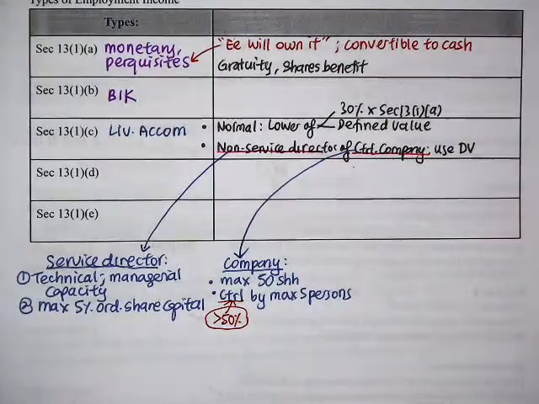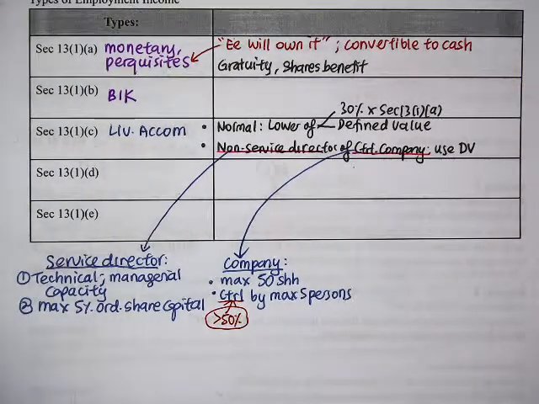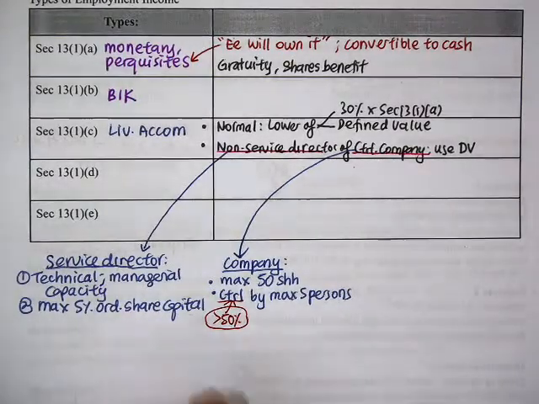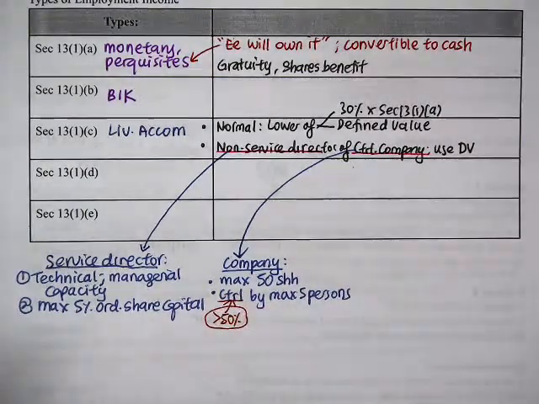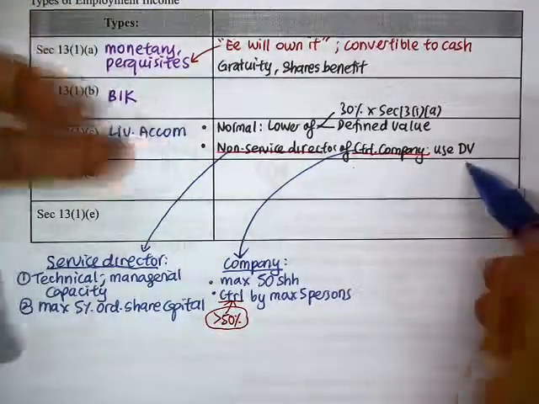So if more than 50% of the shares are owned by not more than 5 shareholders, then no issue. For example, if a company has 10 shareholders with equal shares, each of them gets 10%. To control the company, I need 6 shareholders. 6 times 10% is 60%, then you can control. That means you're controlled by 6 shareholders, then that company is not controlled. That's the only issue that we'll see again and again in the future about this status.